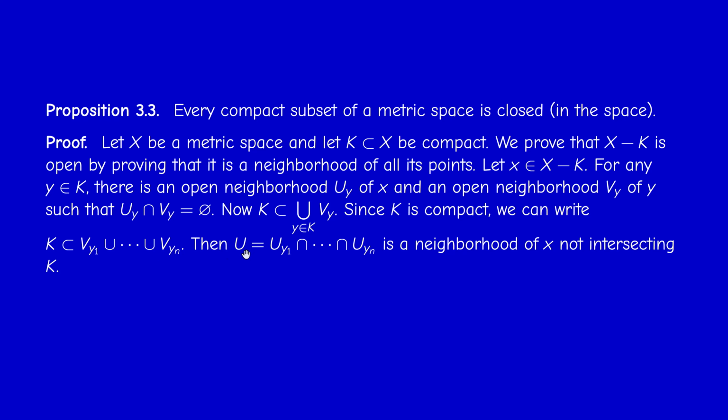And now I take U to be the intersection of Uy1, because now remember that Uy1 is disjoint from Vy1, Uy2 disjoint from Vy2, and so on.